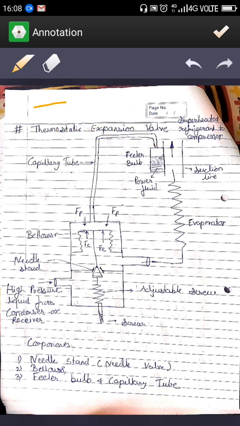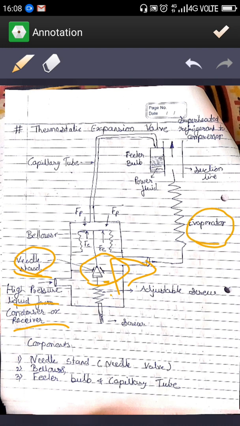So let's start with the construction. What does it actually consist of? This thermostatic expansion valve consists of the needle valve. Here you can see this is the needle, along with this needle stand, and from this entry high pressure liquid from condenser is coming in, and from this way it is moving toward the evaporator.